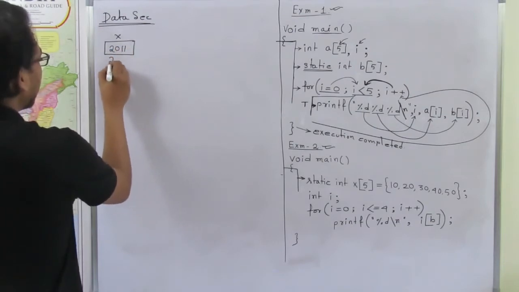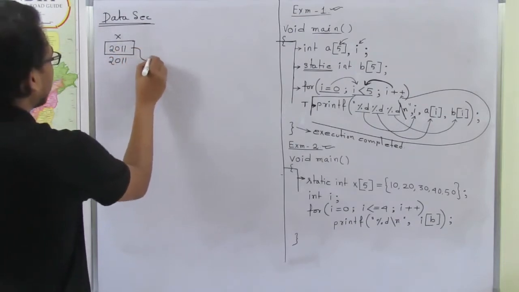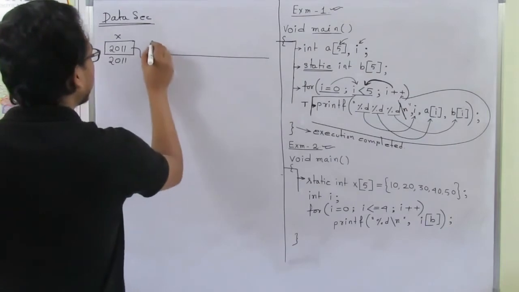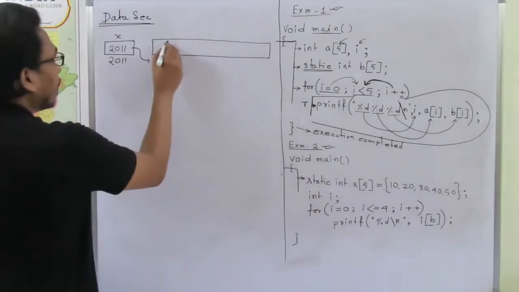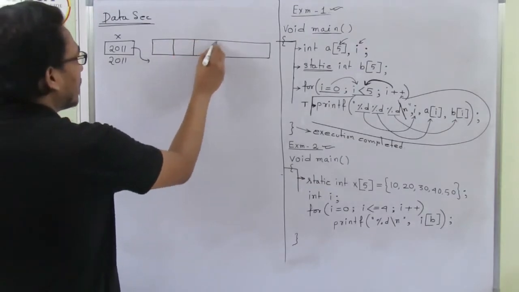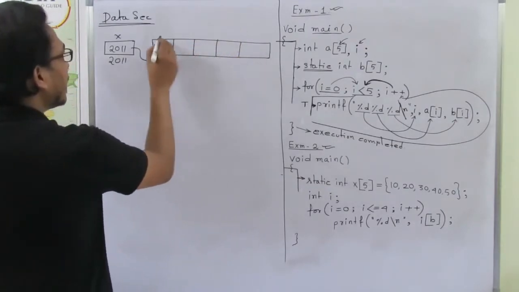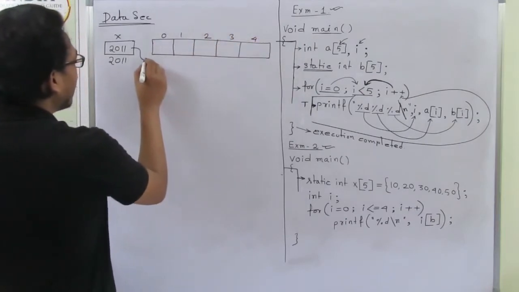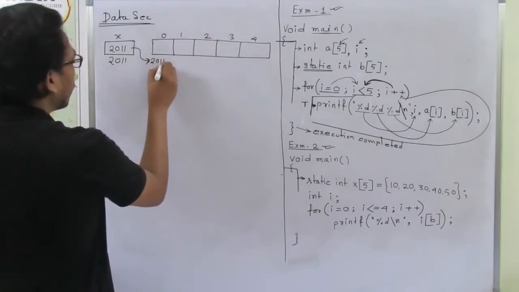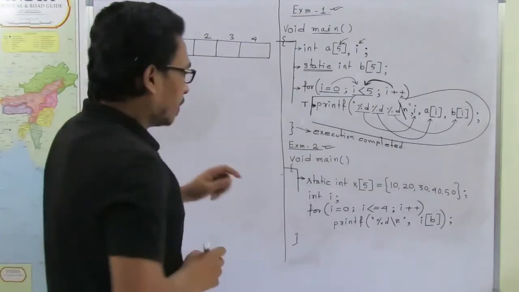Let's say the base address is 2011, and what is the range given for the array x? The range is 5. So how many elements will be there? 5 different elements will be there in the array, and the index will be 0, 1, 2, 3, 4. The base address we consider as 2011 now.